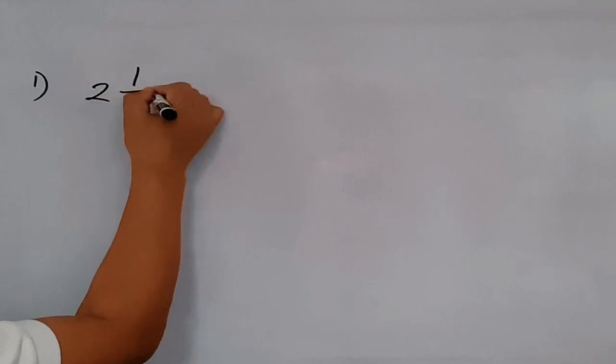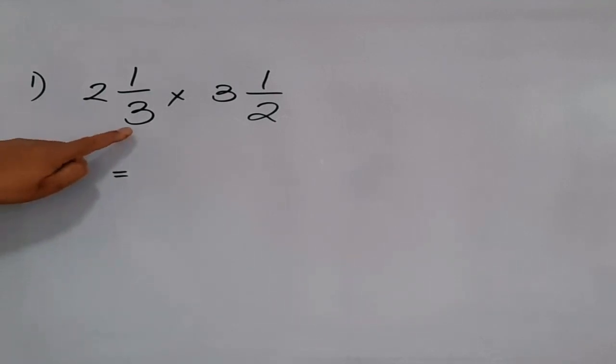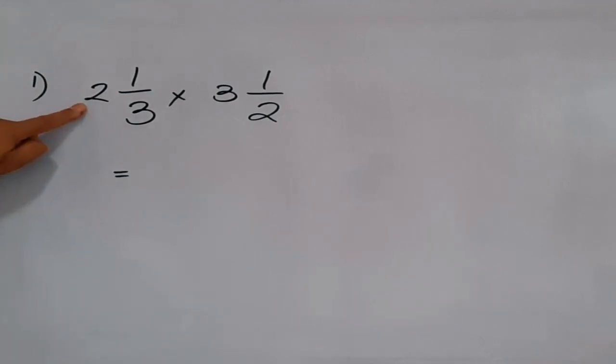Okay, let's take example number 1 for the multiplication of mixed fractions. So let's multiply 2 and 1/3 times 3 and 1/2. Rule number 1 says we convert the mixed fraction into improper fraction. That is, we multiply the denominator times the whole number and then we add the numerator.